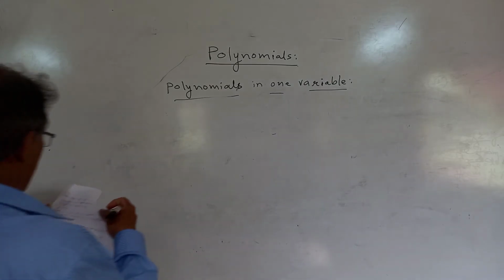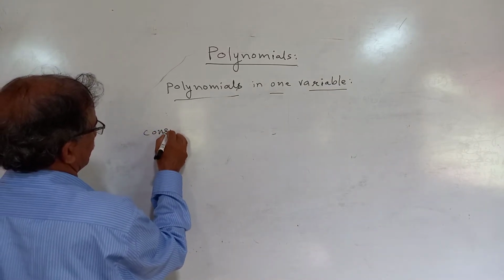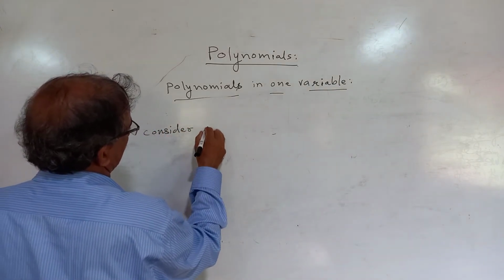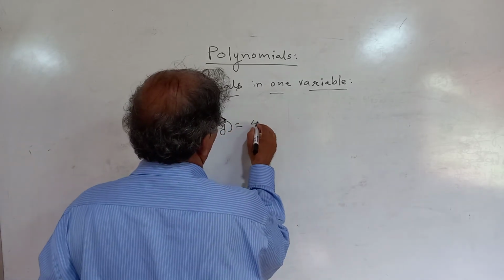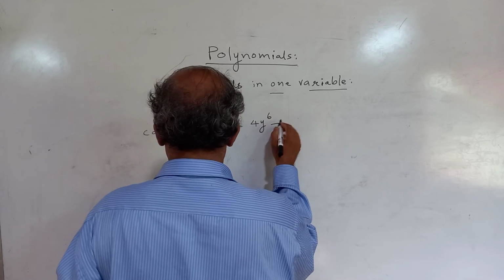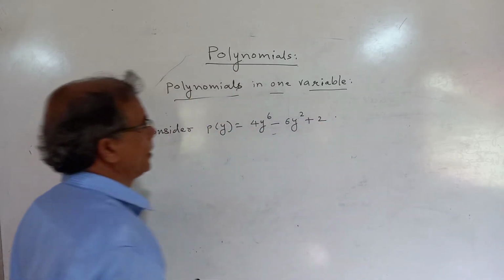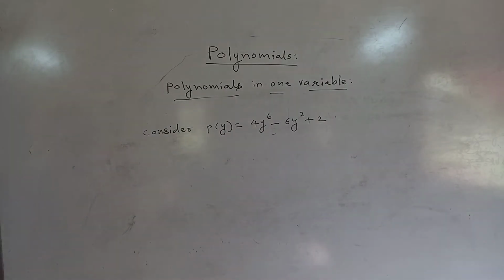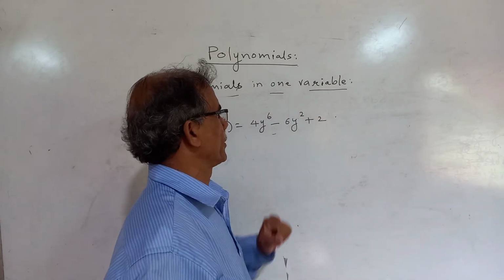Now consider the polynomial p(y) equal to 4y raised to 6 minus 6y squared plus 2. So how many terms are here? There are 3 different terms: 4y raised to 6, minus 6y squared and plus 2.